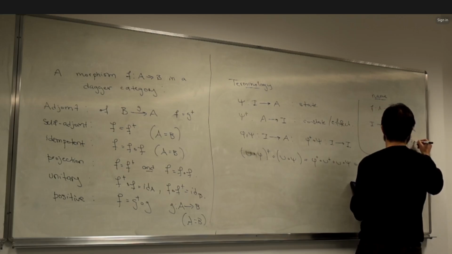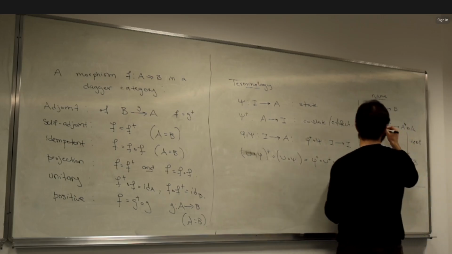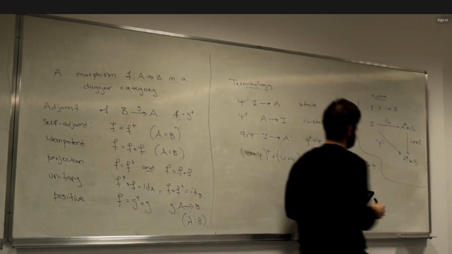Identity on this tensored with F A tensor B, and we define F to be this.